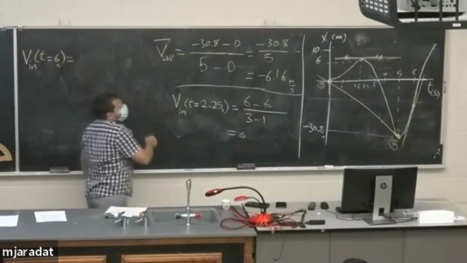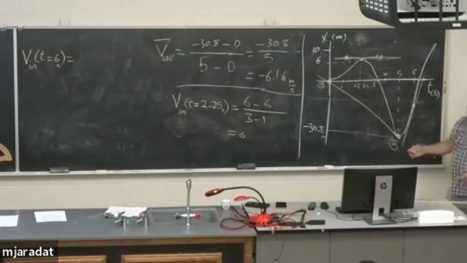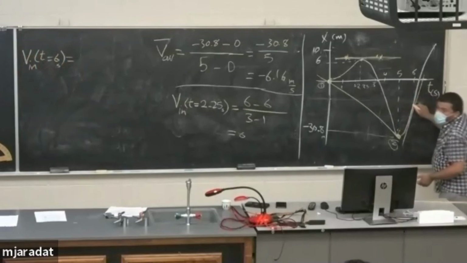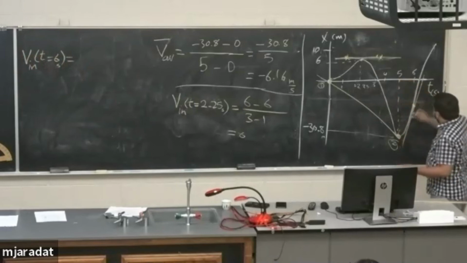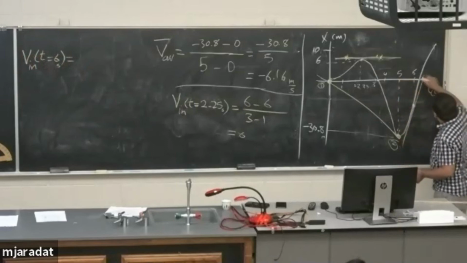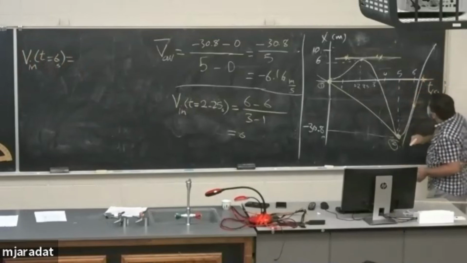Okay, I have my line. I just draw it. I need to choose 2 points. I can choose this one, which is at 6, and also I can choose this one at 5. Also, I can choose this one. So I will choose this point and this point.